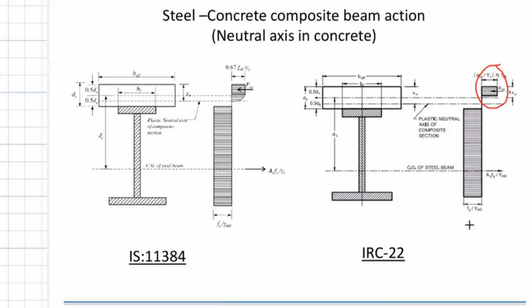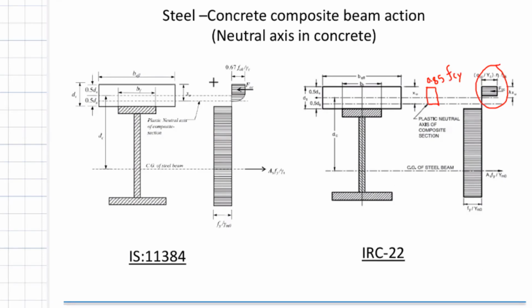Your neutral axis depth is xu, but your stress block is dictated by lambda times xu, correct? If you go to EC4, they use a rectangular block for the full depth up to xu, and they use 0.85 times fcy, the cylinder strength, right?